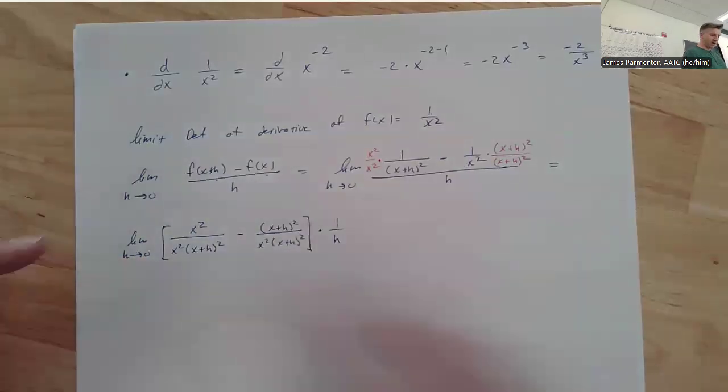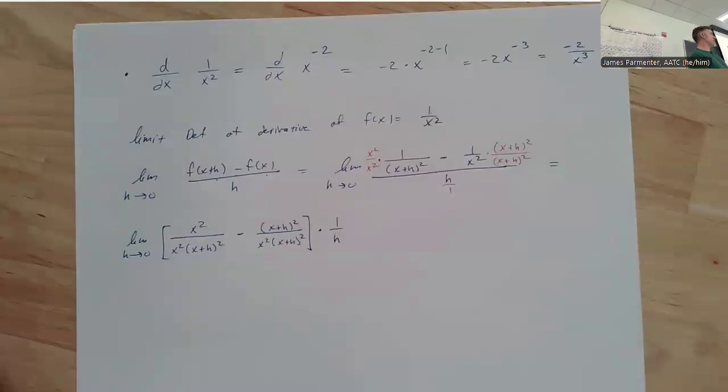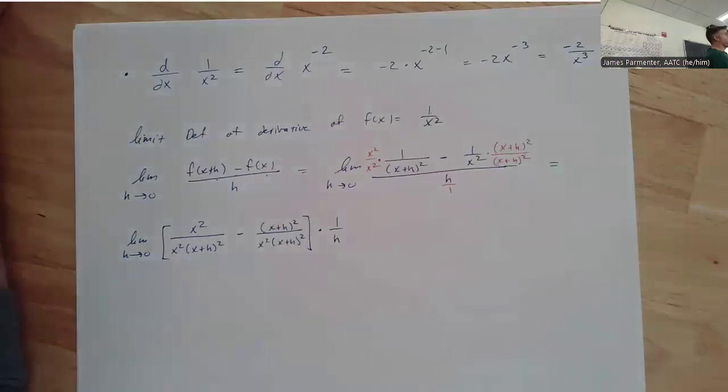If I'm dividing by h over 1, that's the same as multiplying by the reciprocal, 1 over h. Do be careful with this. I've seen too many students say you're multiplying by h, not multiplying by 1 over h. If you're dividing by something, that should never be the same as multiplying by the same thing. You're always multiplying by the reciprocal of your denominator.